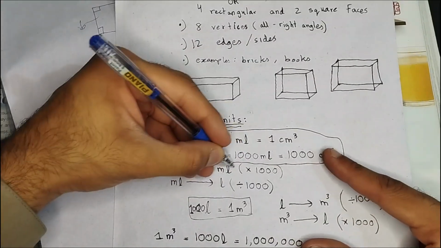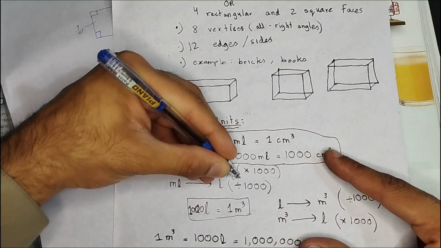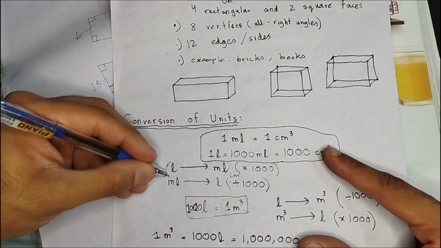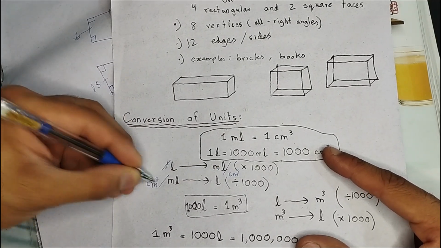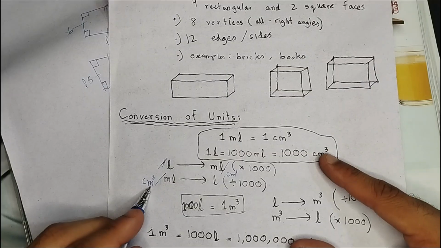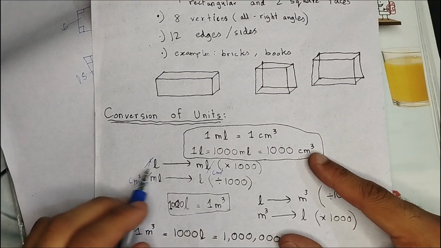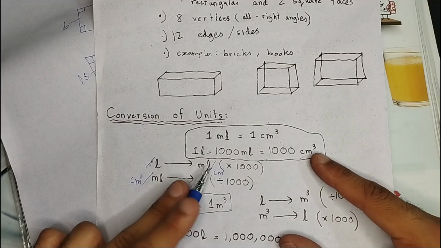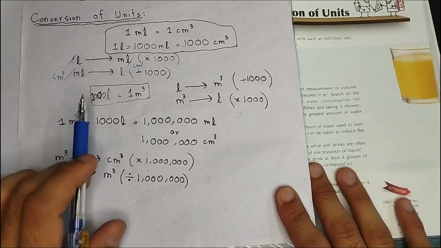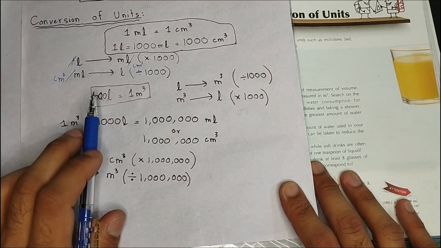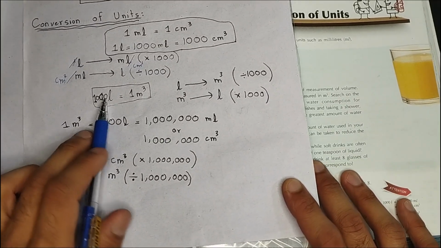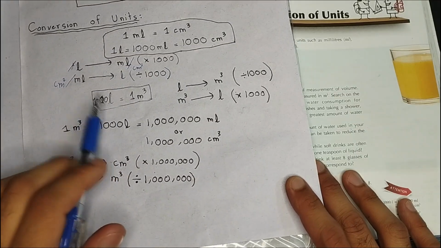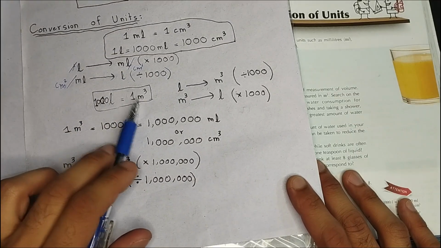If this is given to you or this is given to you, you can convert them into liters by just dividing by 1000. If you have liters and you want to convert it into either one of them, you can just multiply by 1000. Okay, then you have basic information that 1000 liters, I'm not talking about milliliters now, I'm talking about liters, 1000 liters is equal to 1 cubic meter.